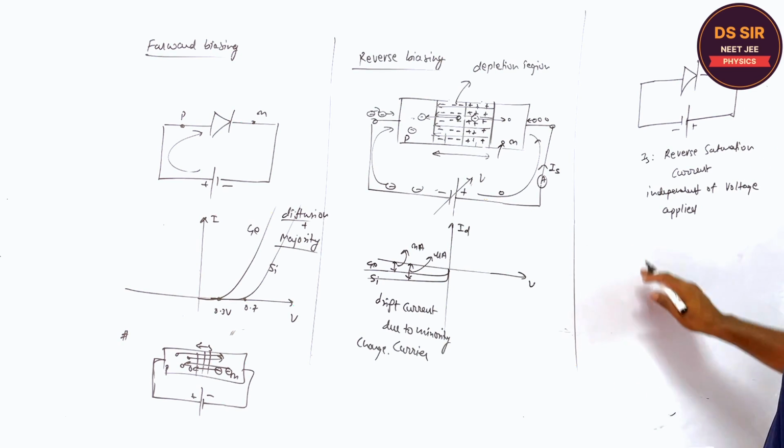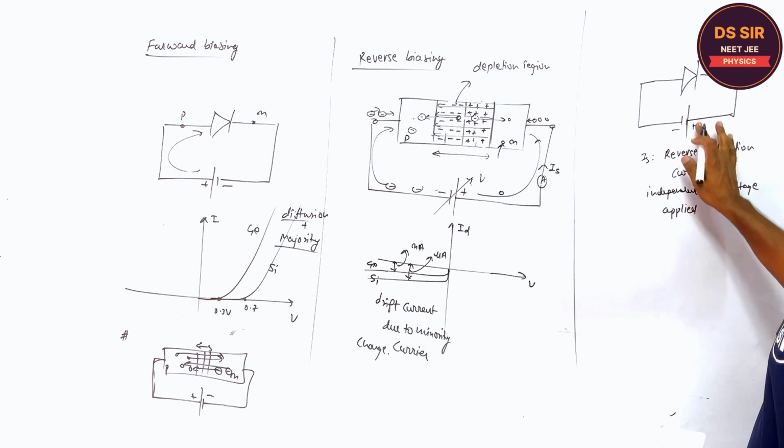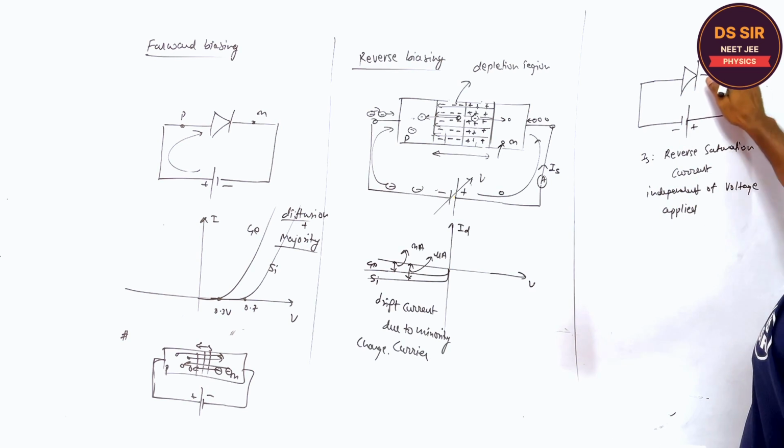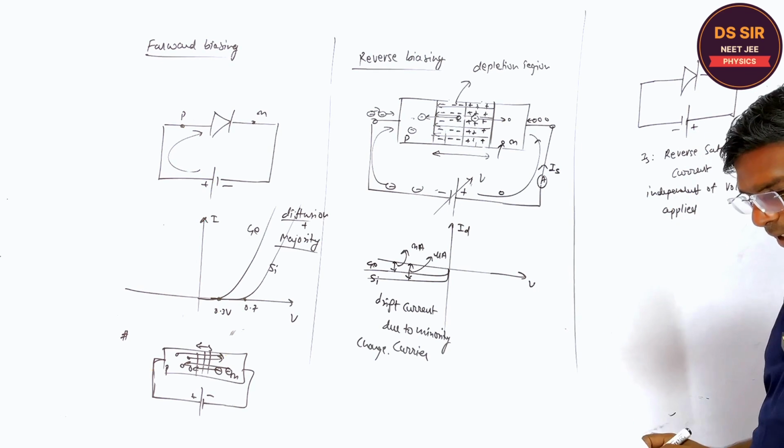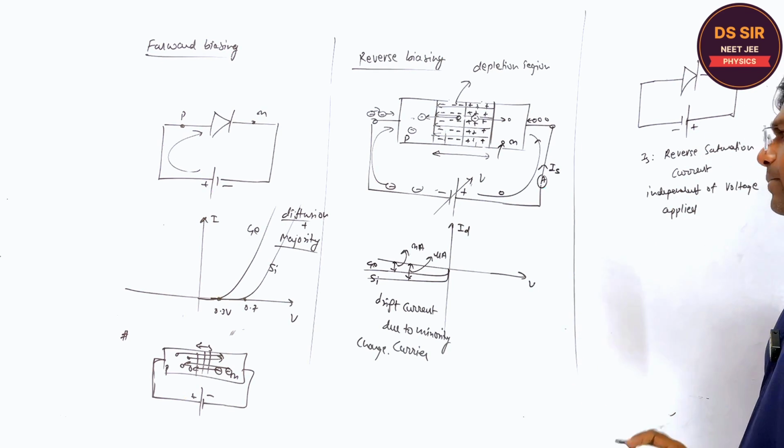Also listen to one more thing: this reverse saturation current does not change. Sometimes it is represented in some books by IS, sometimes by I naught. The thing is the same.